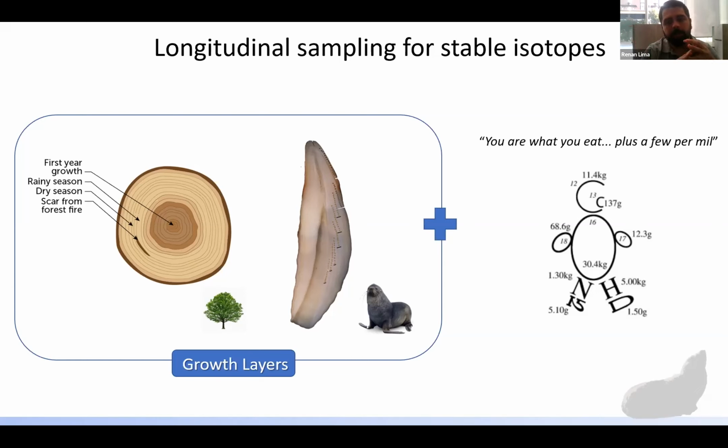And the most commonly used stable isotopes in ecology are carbon and nitrogen. So carbon is typically used to discriminate between different sources of primary production, and nitrogen is typically used to infer trophic position, although it is also used to differentiate between environments, since it is also related to the different sources and sinks of nitrogen in seawater.